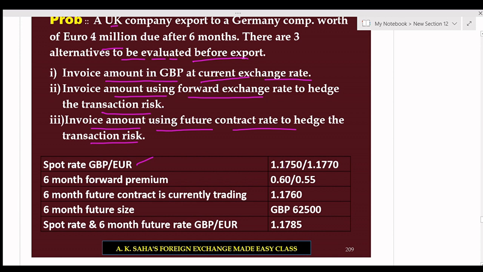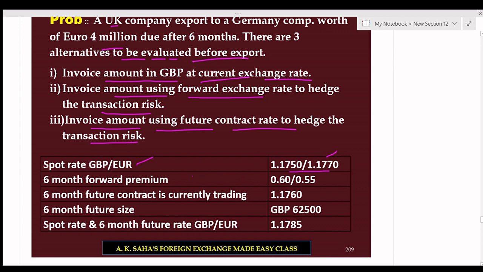So for the invoice amount in GBP at the current exchange rate, the first question, you should apply the current rate. Since it is an indirect quote, euro 4 million will be divided by 1.1770, that is the spot rate.